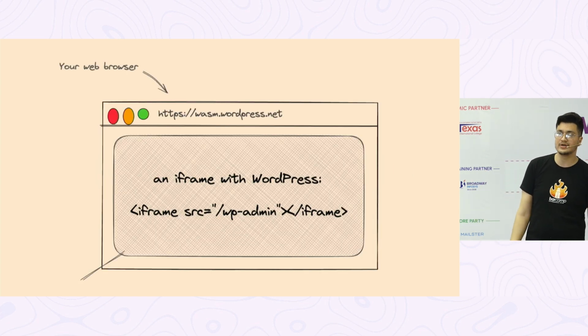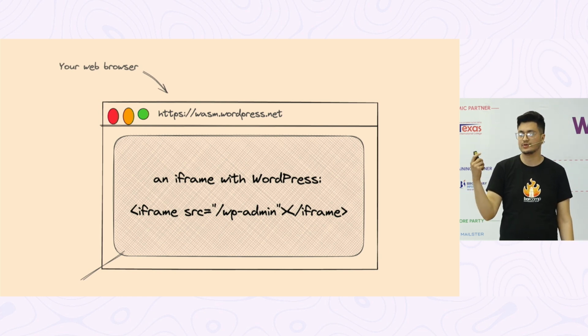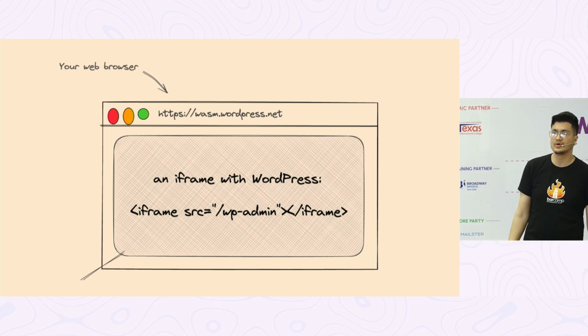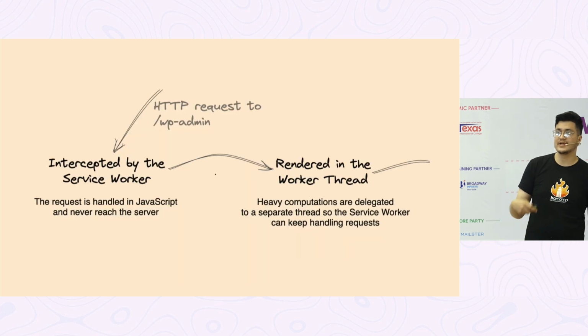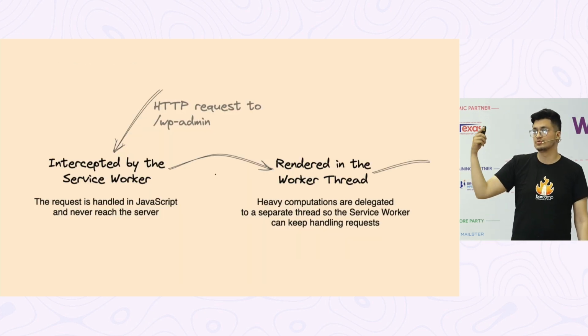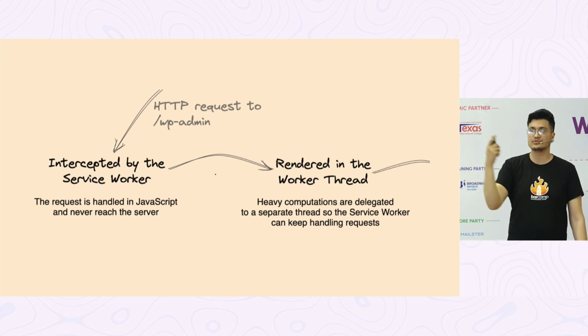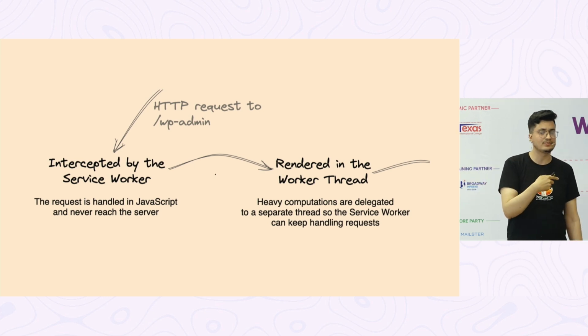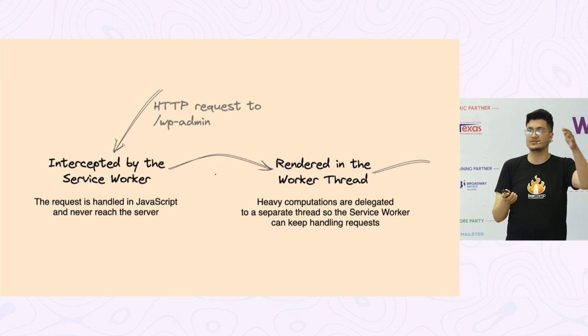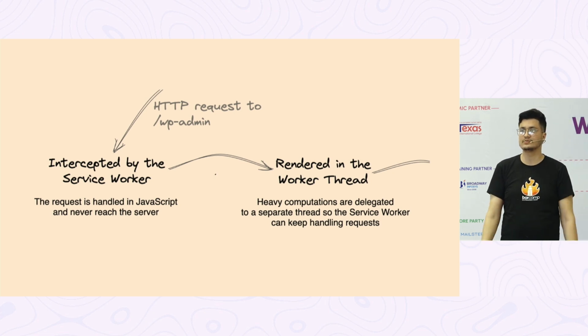So how it works is, when you go to the website, suppose playground.wordpress.net, it will load an iframe with the playground. The iframe makes a request. Usually the request goes to the server, right? But it will not go to the server. The service worker will intercept the request and then divide it. If it is an intensive task, it will assign it to another service worker.